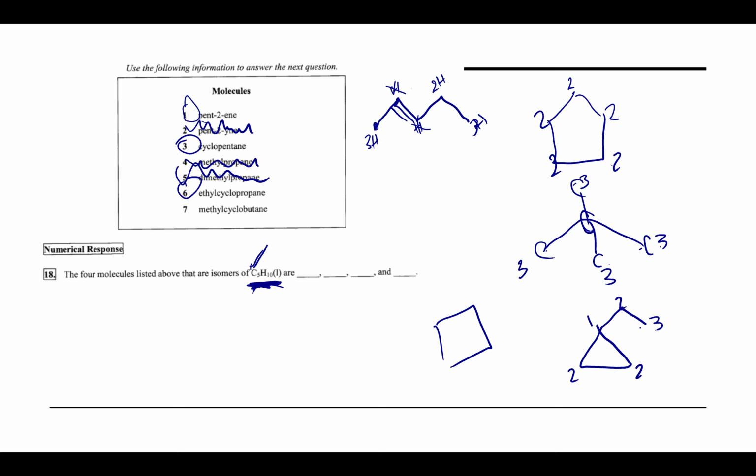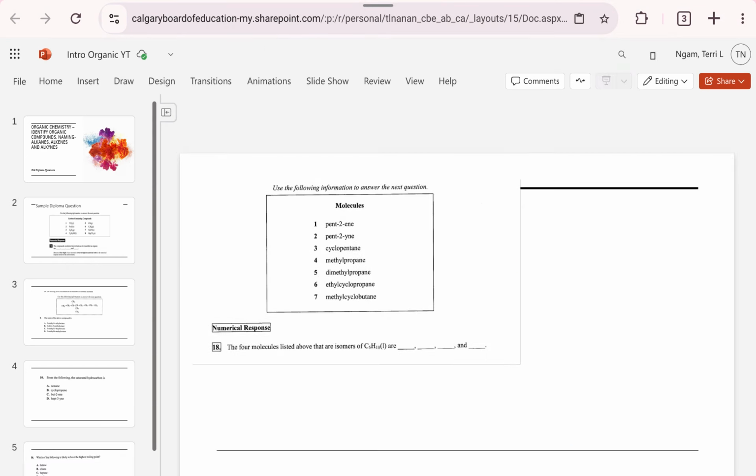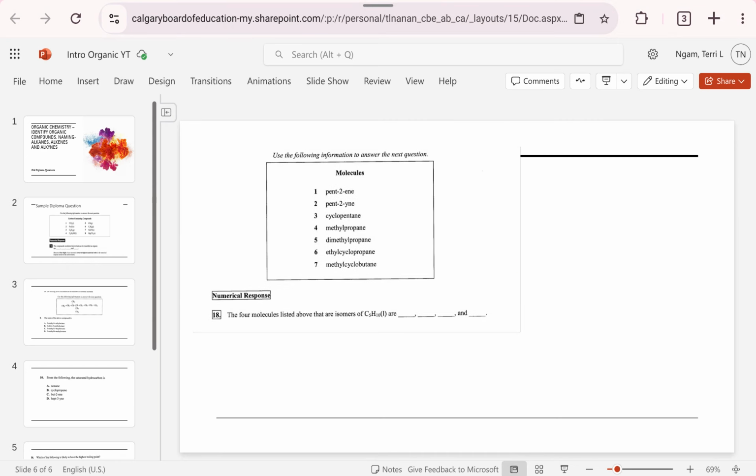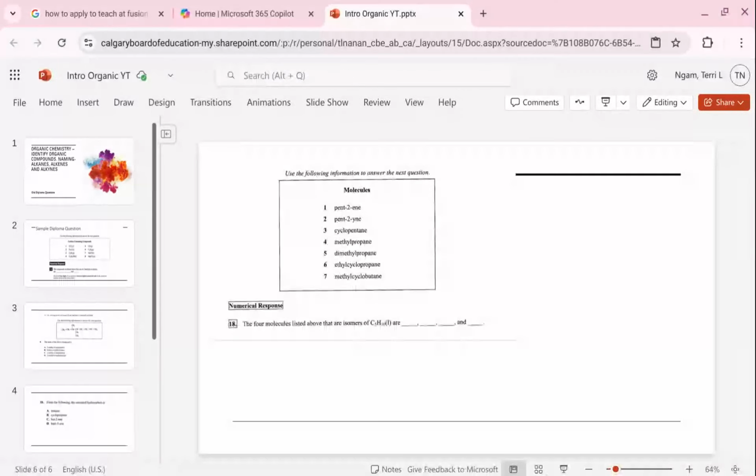And your last one, methylcyclobutane. Butane is 4. Cyclo means they're connected. Methyl, you just have to place a methyl group somewhere on there. And then that's 5 carbons. So let's count the hydrogens. There'd be 3 on this carbon. Sorry about that.